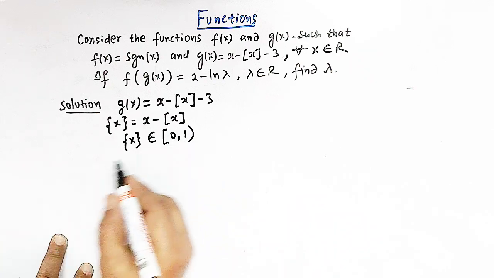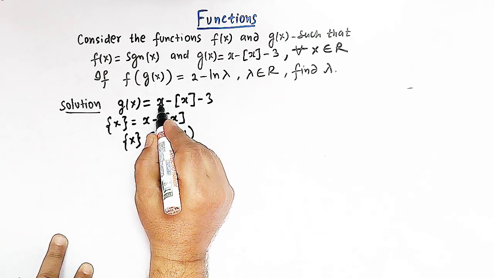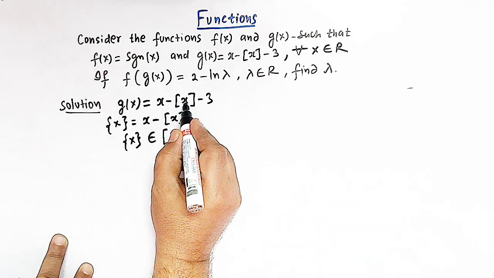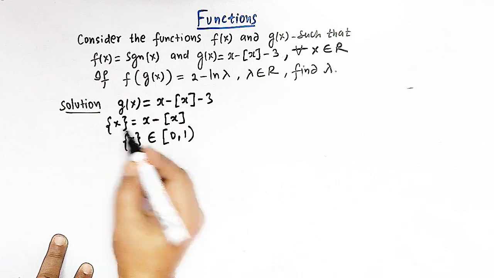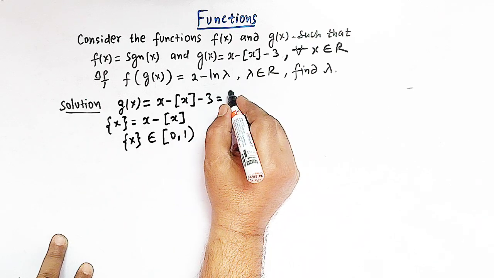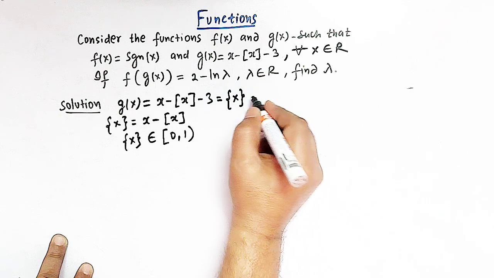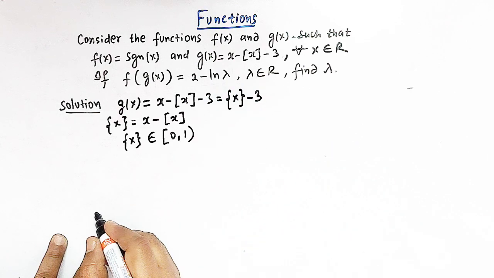So let us replace x minus greatest integer of x by fractional part of x. Here we have fractional part of x minus 3.